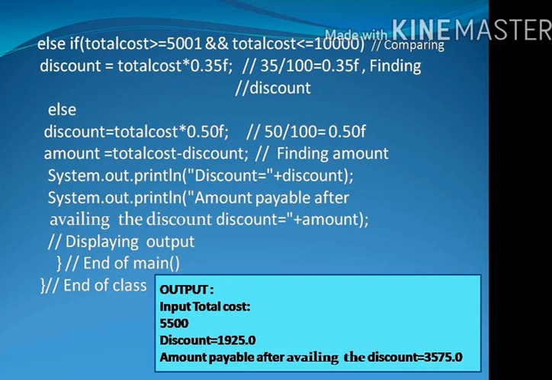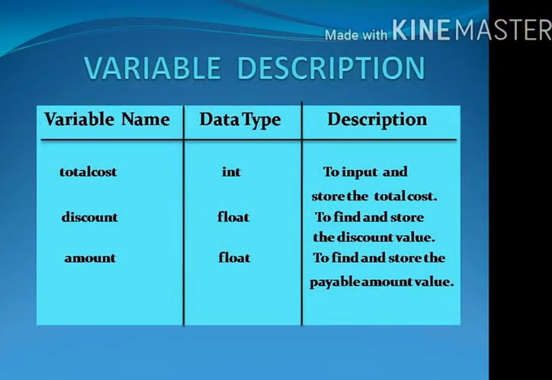So the output is: input total cost 5,500, discount equals 1,925, amount payable after availing the discount equals 3,575. Students, from the next slide you will learn how to write the variable description table of a program.